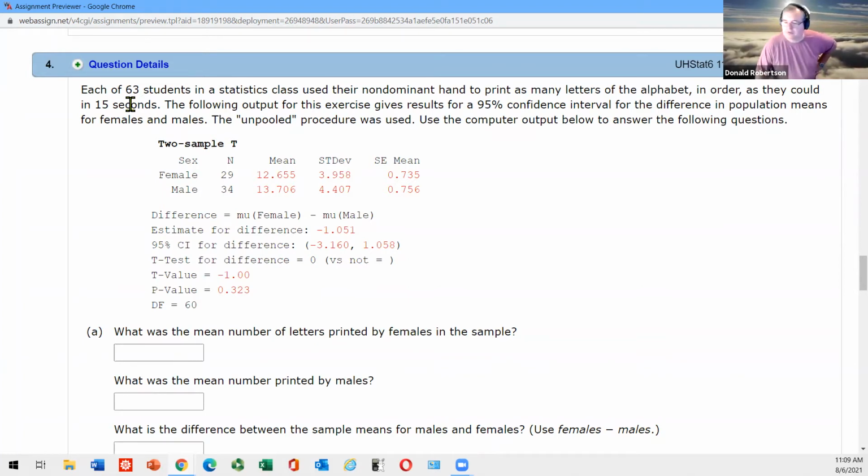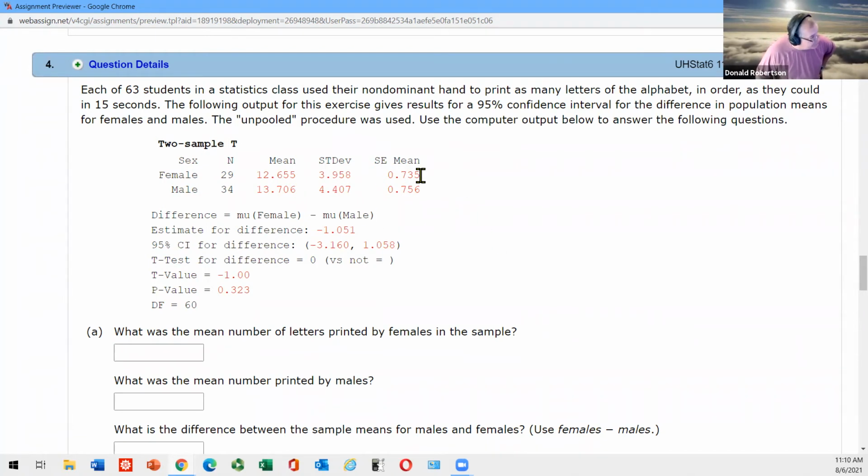What a cruel thing to do. The following output for this exercise gives the results for a 95% confidence interval for the difference in population means for males and females, and it's an unpooled procedure, which I like.